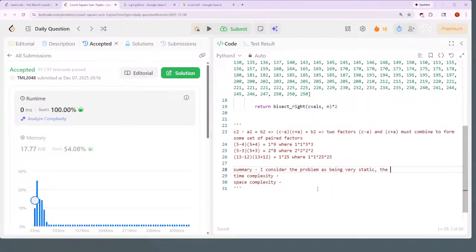The input space is very finite, n is less than or equal to 250, and maps directly to the return output space.